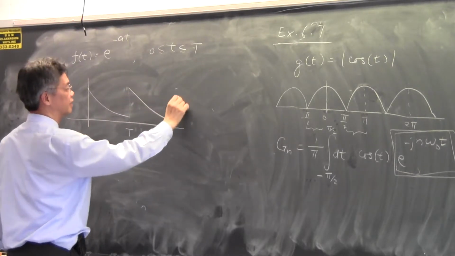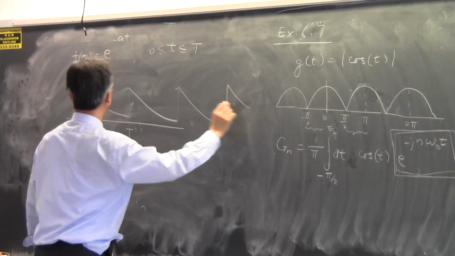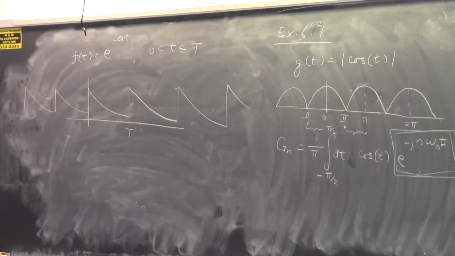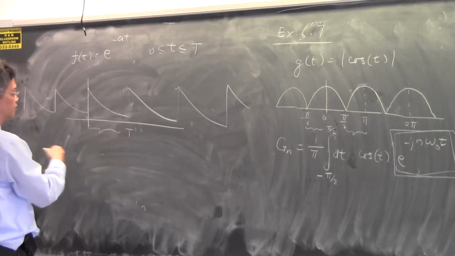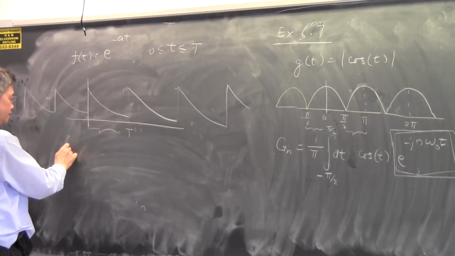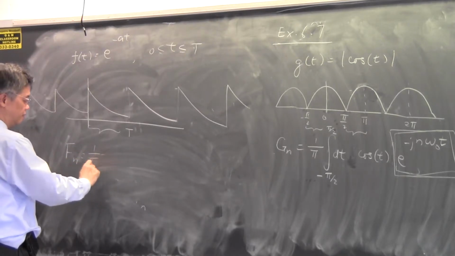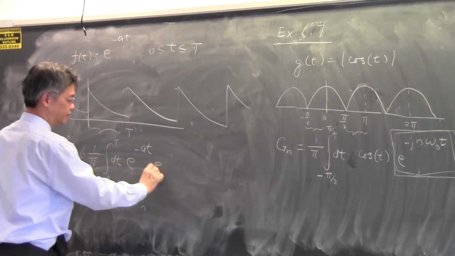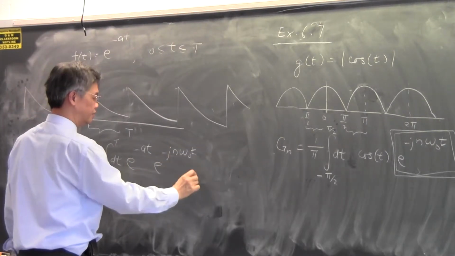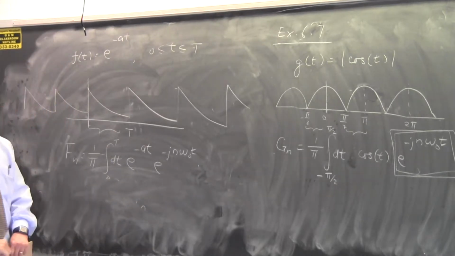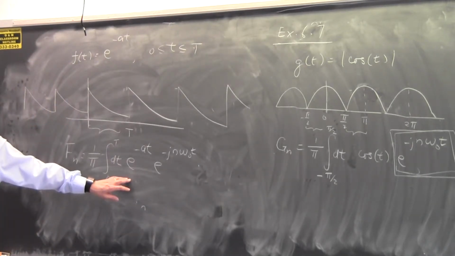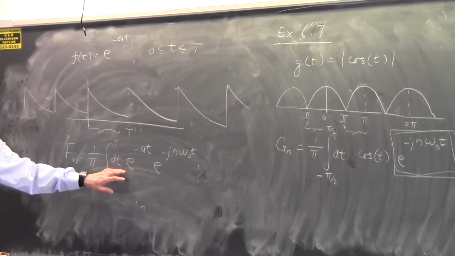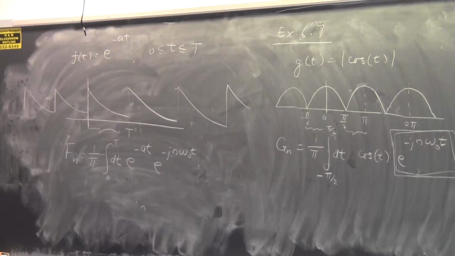So this function looks like that. And then to find the Fourier coefficient, you just multiply e to the minus at, e to the minus j n omega naught t dt. And this is easy to integrate if you don't make mistakes. You combine them into exponential form and then integrate. I will not go into the detail, but you know how to integrate that.